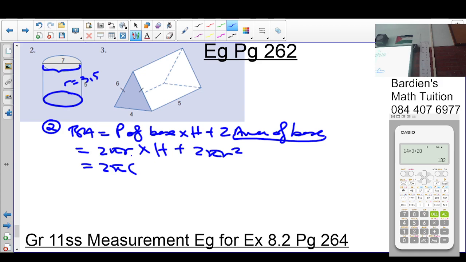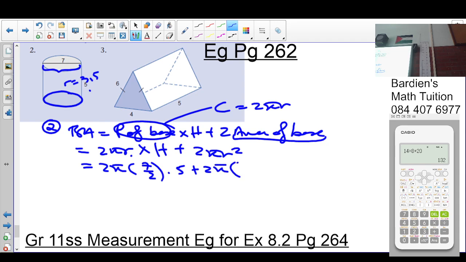The perimeter, or circumference, of a circle is 2 pi r, whilst the area of a circle is pi r squared. So it mustn't be squared there. So that's going to give you 7 over 2 or 3.5 times the height. What is your height? 5. Plus 2 pi. And what's the radius? 7 over 2 squared. So that's going to cancel basically.